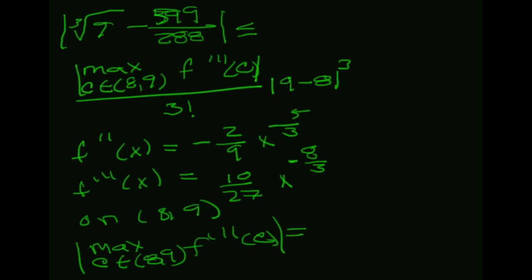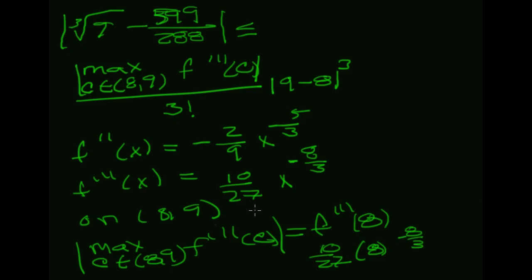Why does it have to occur at 8? Because it's decreasing, so everything to the right of 8 is going to be smaller. So this has to be f triple prime of 8, which is 10 over 27 times 8 to the negative 8/3.